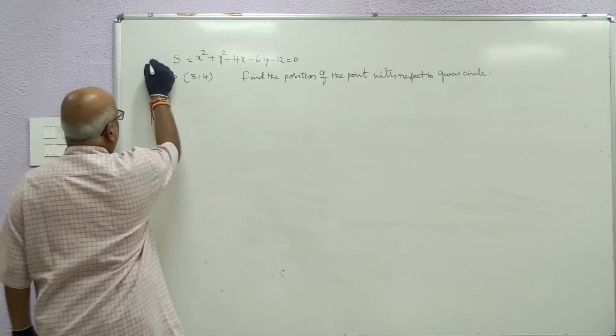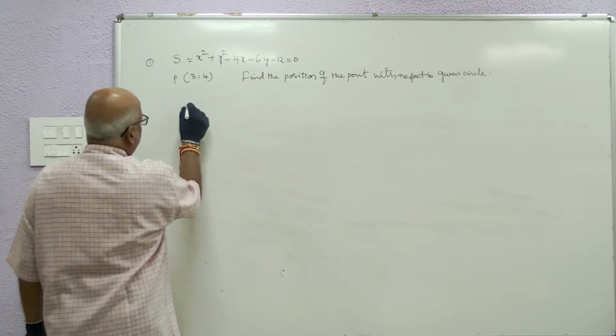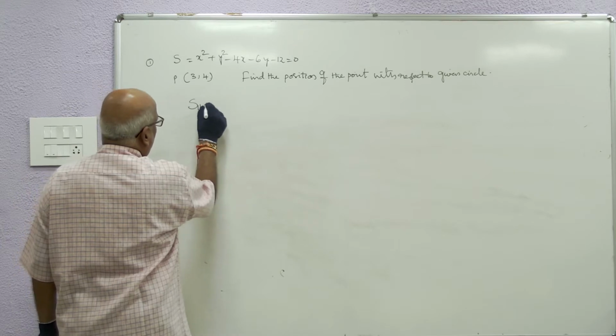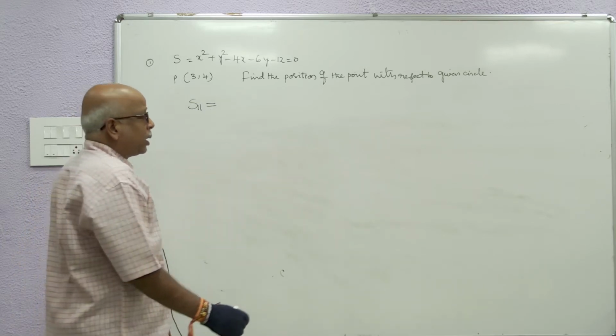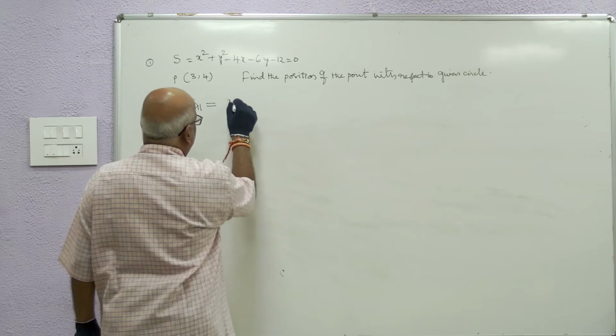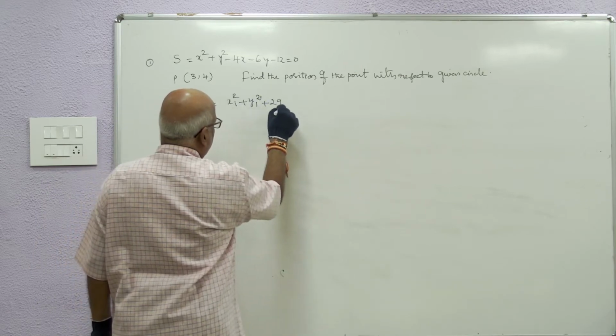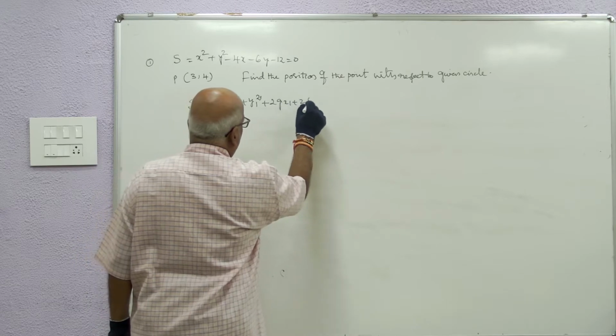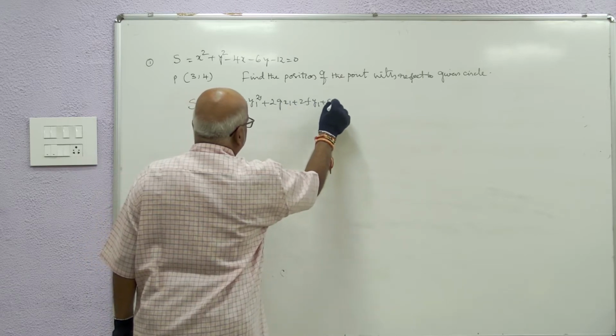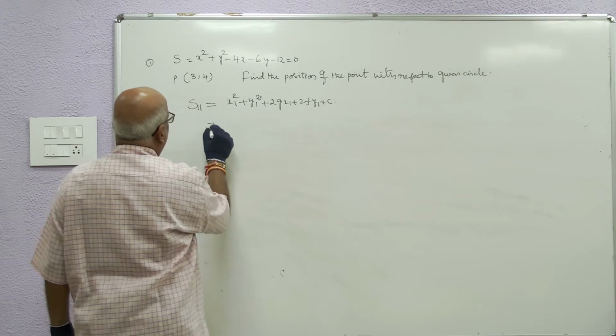To find out the position of the point, we are supposed to find out the value of S11. What is meant by S11, sir? X1 square plus Y1 square plus 2gx1 plus 2fy1 plus c. How to obtain that one?